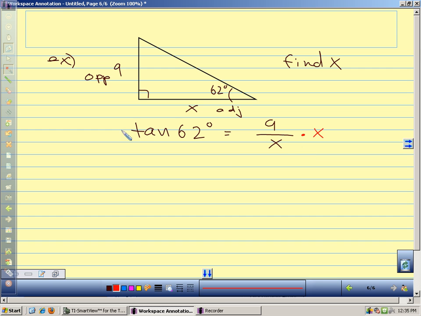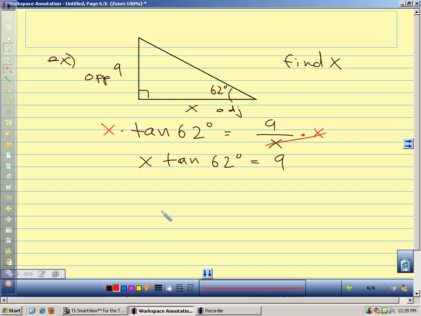So I'm going to multiply by x. On this side, the x's cancel. And I get x times the tangent of 62 degrees equals 9. I still need to get x, so how do I get x by itself now? Divide. Tangent of 62 degrees is just a number. So I can divide by that number.